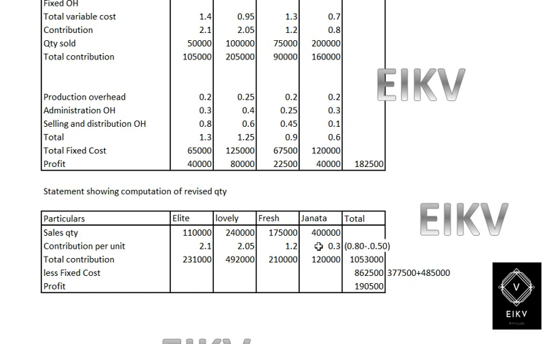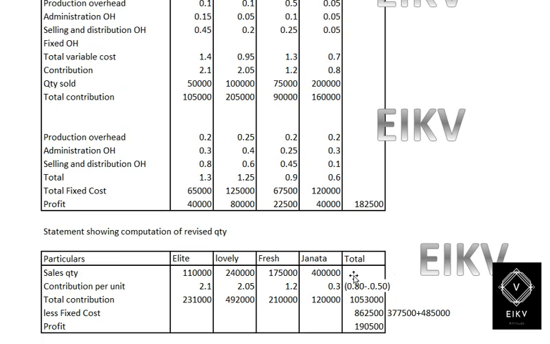When we multiply contribution per unit with the total quantity sold, we will get the total contribution as 2,31,000, 4,92,000, 2,10,000 and 1,20,000. So we'll get the total contribution as 10,53,000.